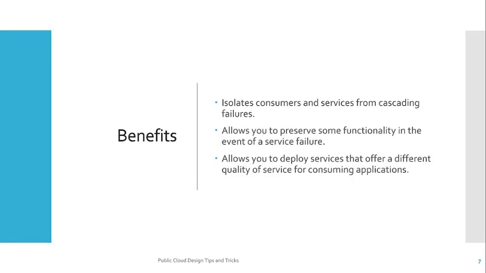Then it allows you to deploy services that offer a different quality of service for consuming applications. You can think of a variety of customers, some quite critical and some less critical.